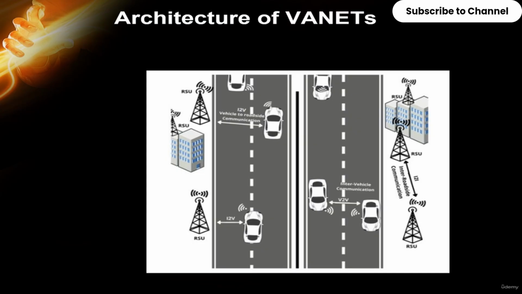Vehicular ad hoc networks have high processing power, a lot of storage capacity, enough energy, and node movement with the communications. These networks are widely used for network traffic management, and especially for security purposes also. They are used in vehicle communication.